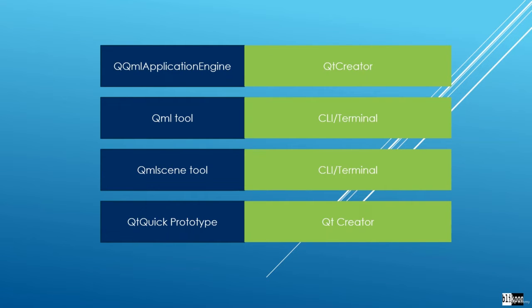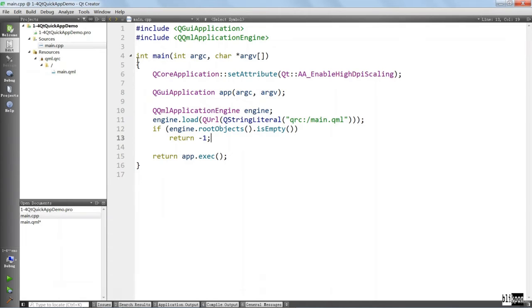Okay, by now you have seen one way to run your Qt Quick application, which is through the QML Application Engine class. Let's go back to Qt Creator and analyze this a little bit more. If you look in our main CPP file, you see that we have a main function, which is the entry point for our application. When our application runs, it starts here in the main function.